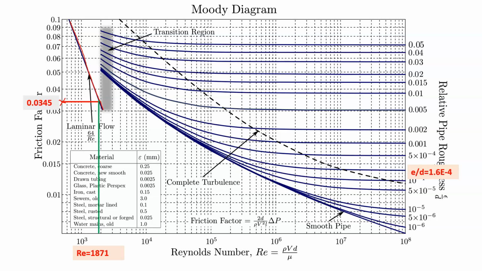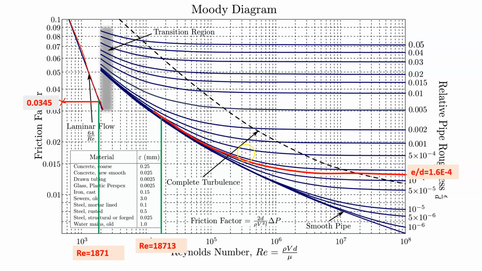Now Re is 10 times higher. First we have that epsilon by D, which is 1.6 into 10 to the power minus 4. These are the epsilon by D lines, so we take a line in between, and we follow the nature of the line from here. Next, the Reynolds number we already calculated is 18713, taking the round figure.